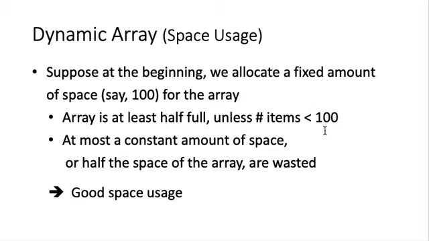So we will either be wasting at most 100 units of space, which is a constant amount of space at the beginning, but after that, at most half of the space is wasted because we can guarantee that the array is always half full when we have more than 100 items. So in such a case, we will have a good space usage compared to the case where we may have unbounded waste.